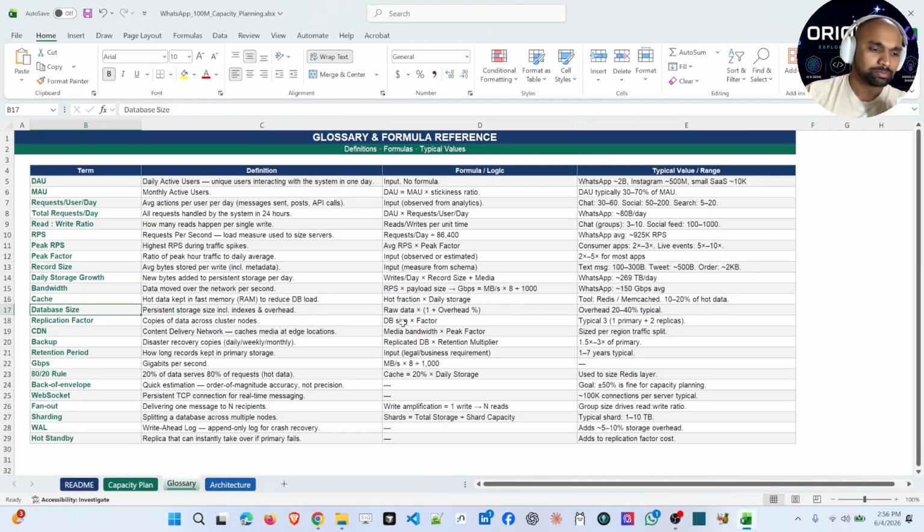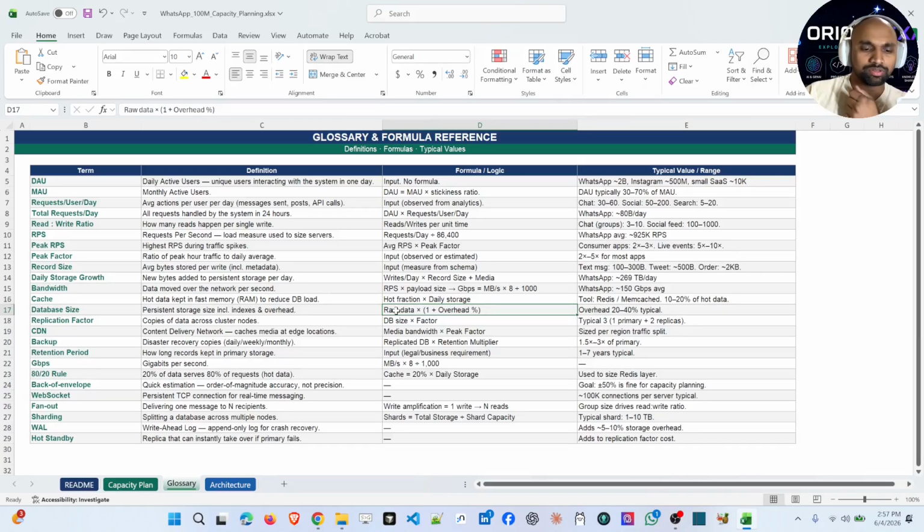Database size, that is persistent storage size, including index, overhead, and all. That will be raw data. If you're considering the database, whatever data we are sending is going to be saved in the database. If suppose 100 MB is the data I'm sending, then we need to consider around 40% overhead, because there will be metadata and other factors coming into the system for saving to a database.